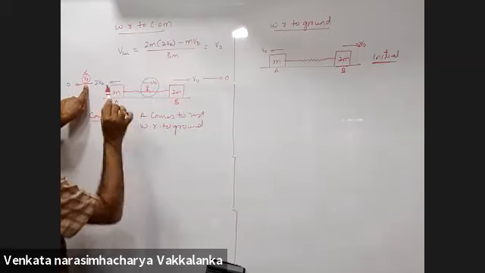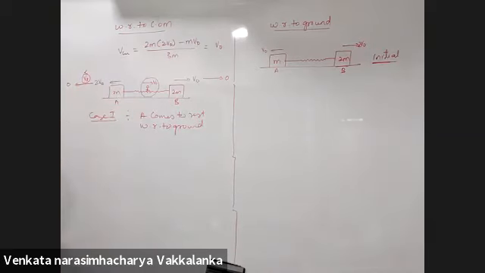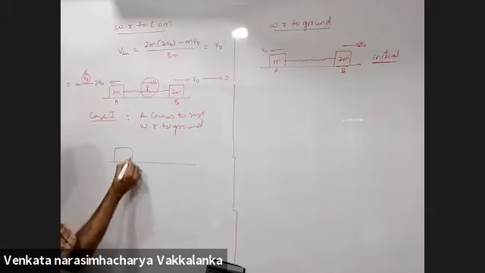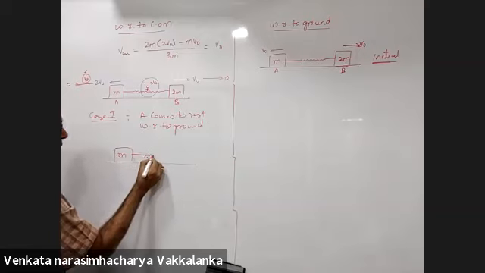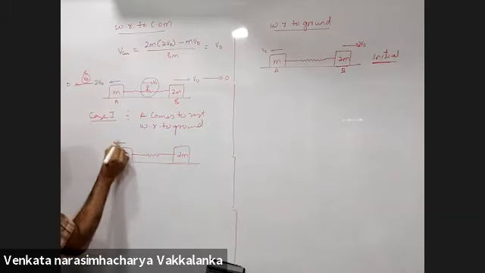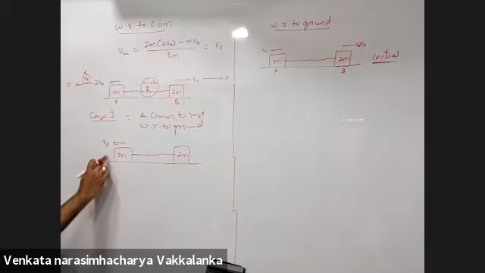So A's velocity with respect to ground at this instant will become 0. That means when A comes to rest with respect to ground, this will be moving with a velocity v0. From 2v0 it came down to v0.